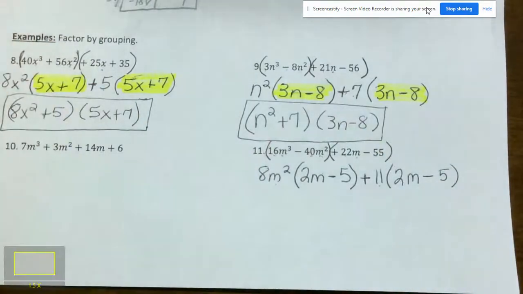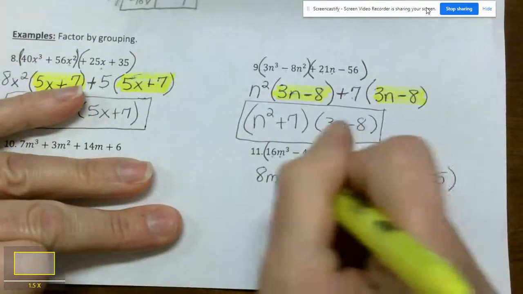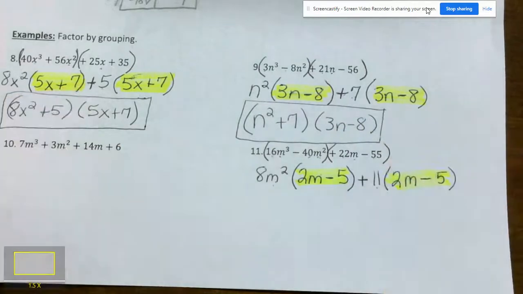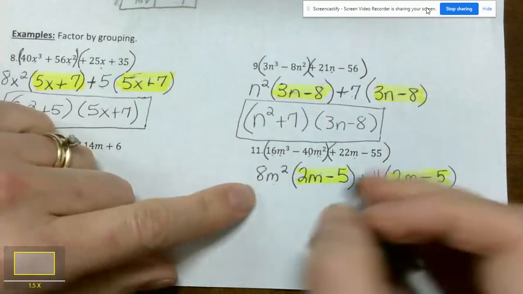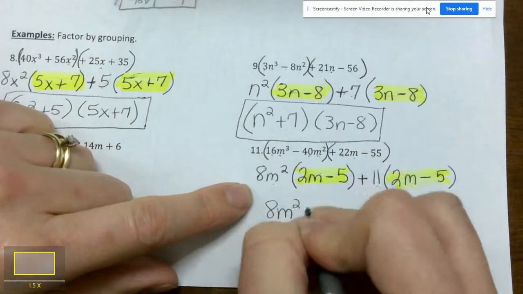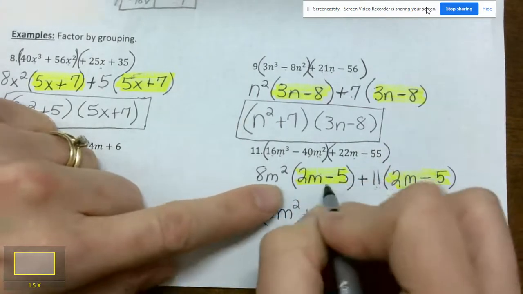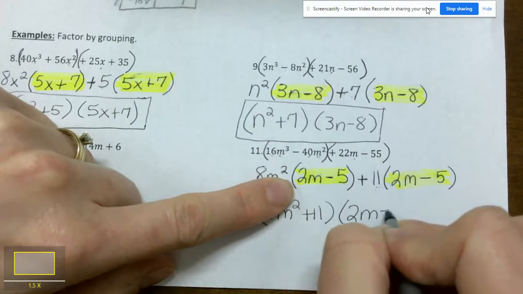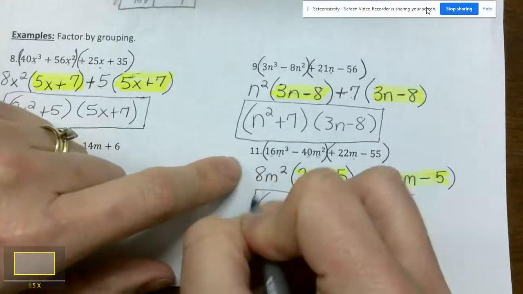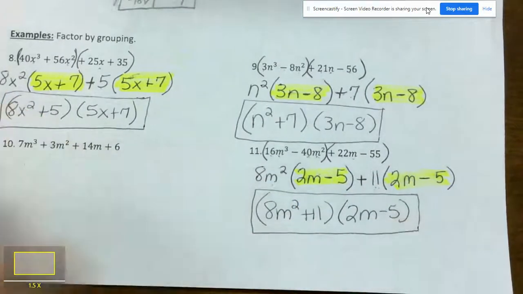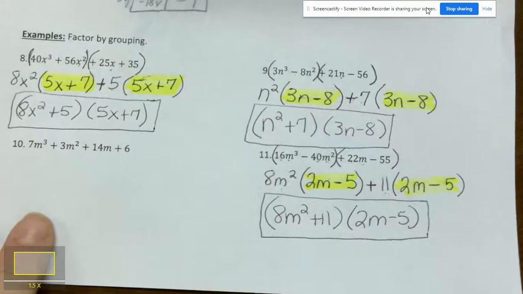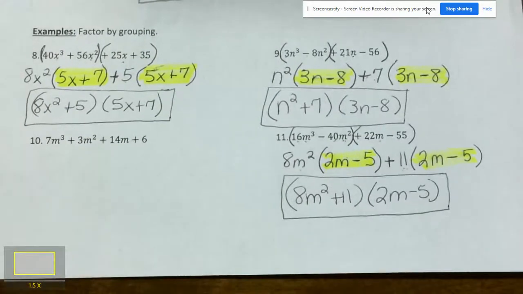And notice we had it happen again. 2m minus 5, 2m minus 5. Okay, so I write what's outside the parentheses, 8m squared plus 11, and then the parenthesis they have in common, 2m minus 5. And this would be our final answer. Okay, pause the video and try this one, number 10, and then when you come back, I'll work it.